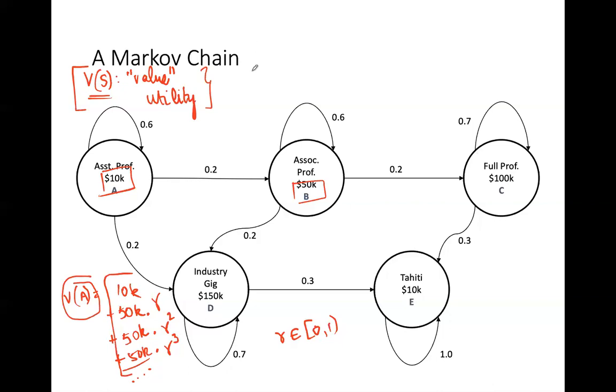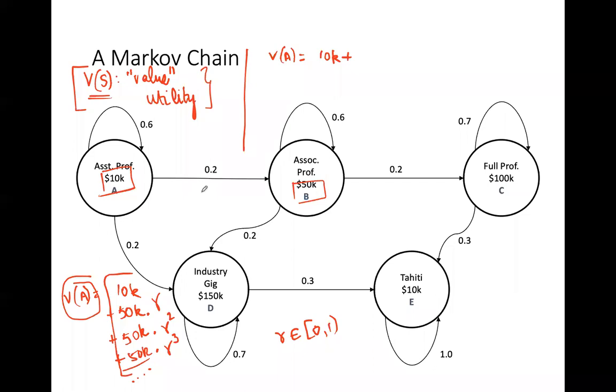So now that we have that definition in place, let's try to define this a little more formally. V of A is clearly the sum of the immediate reward, which is 10K in this case. And then to capture this idea of averaging over all possible future trajectories, we can take an expectation over what's going to happen in the future.